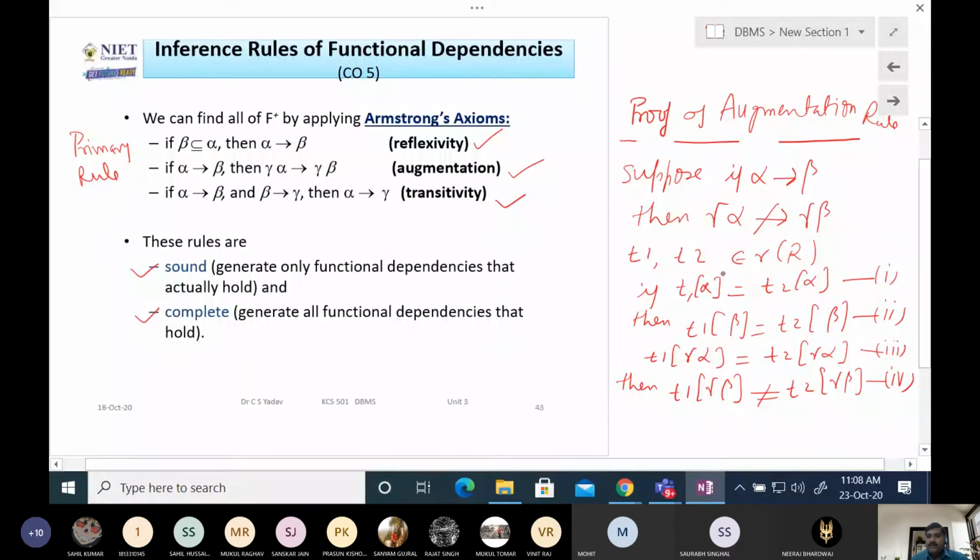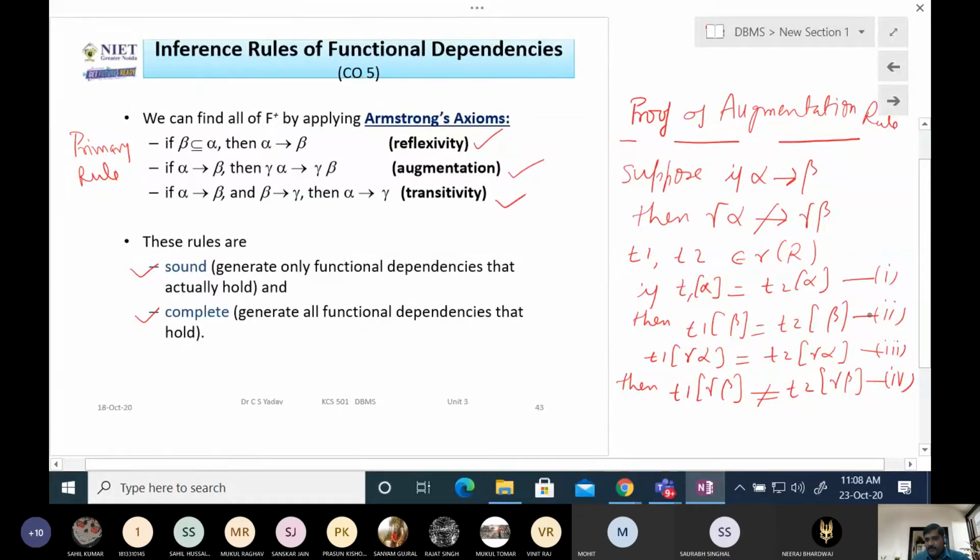Then you do the experiment, you touch the wall, and if the middle finger touches the wall first, then you say whatever we assumed is wrong, the middle finger is larger than the index finger. Similarly here, we suppose if alpha determines beta, then alpha gamma does not determine gamma beta.